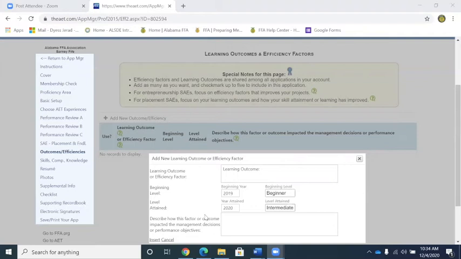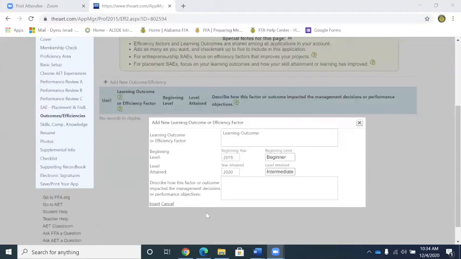That's what you want to do for a placement application. You don't want to do efficiencies, because like I read one this year that said when I first started, I could only serve 15 customers a day, and then by the end of the year I could serve 25 customers a day.